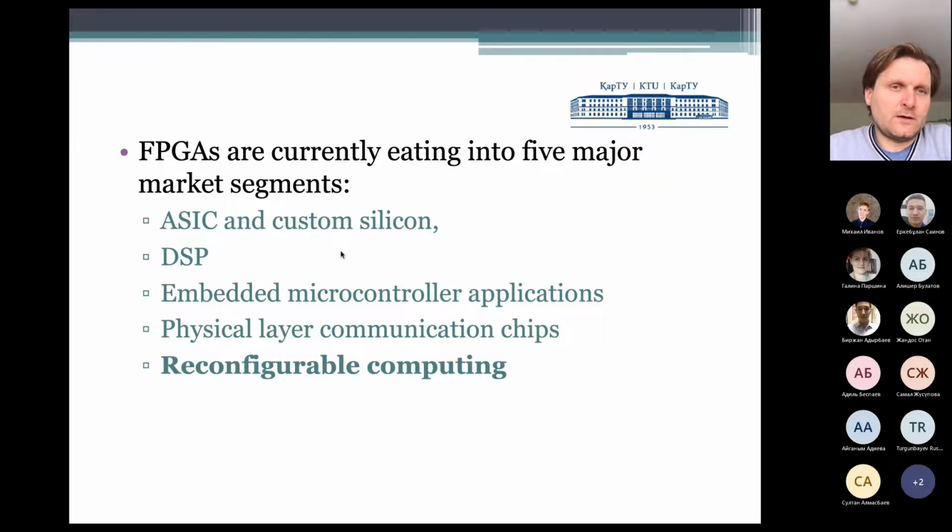Another market segment is also embedded microcontroller applications. There are no simple toys. There are also very complex systems like a smartphone. Part of the smartphone is working as a communication system, part is working as a management of the voice and a management of the video. We change the firmware inside our smartphone, but we don't know what we change.